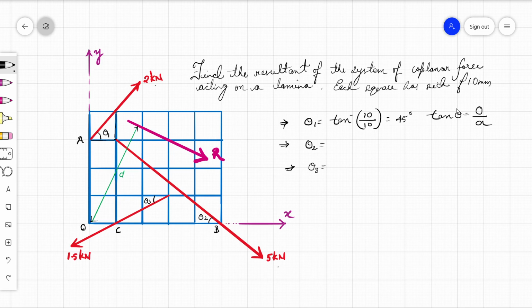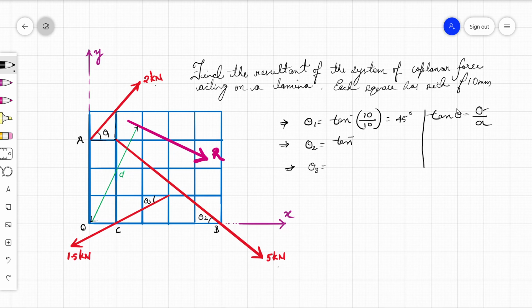So theta 2. In theta 2, we take the same thing, that is tan theta 2 is equal to opposite by adjacent. What is the opposite for this?